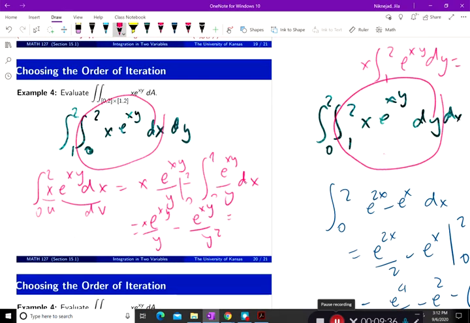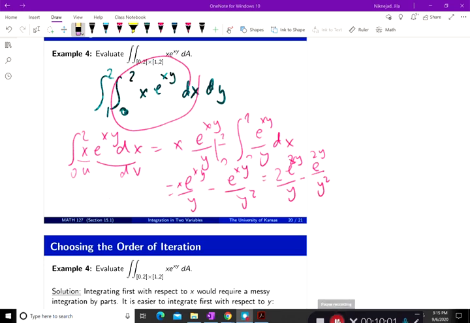For x you plug in 2 and you get 2 e to the power 2y over y, minus e to the power 2y over y squared, and minus the value at 0, which is 0 minus 1 over y squared.